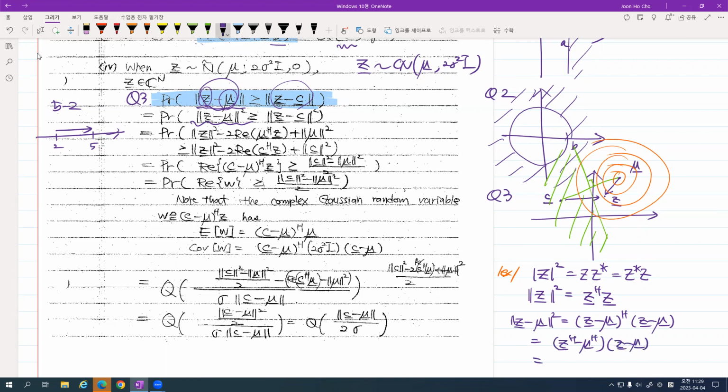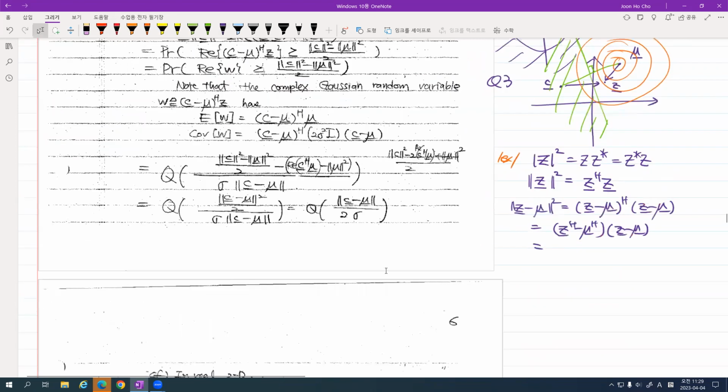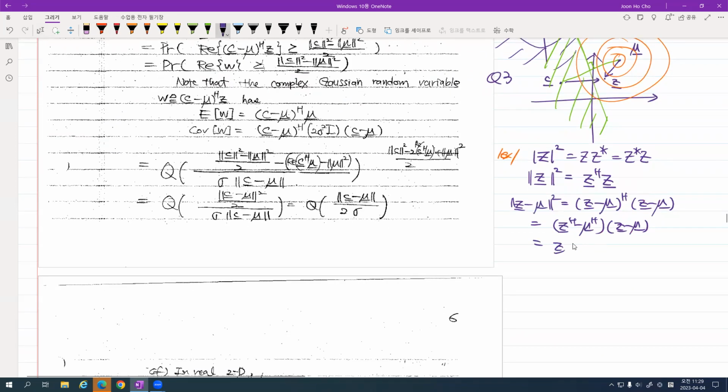First you have z Hermitian z, then z Hermitian mu, mu Hermitian z, and then mu Hermitian mu. Using this definition again, the first term becomes the z vector norm squared, and the last term becomes the mu vector norm squared. What about these two cross terms?